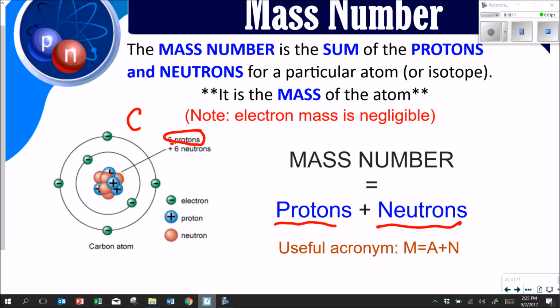And if this carbon isotope has 6 neutrons, the mass number will be 6 plus 6, and we will have a total mass of 12. A useful acronym for that is MAN. So mass number equals atomic number plus the number of neutrons. If we put our two acronyms together, we have the acronym APE MAN.